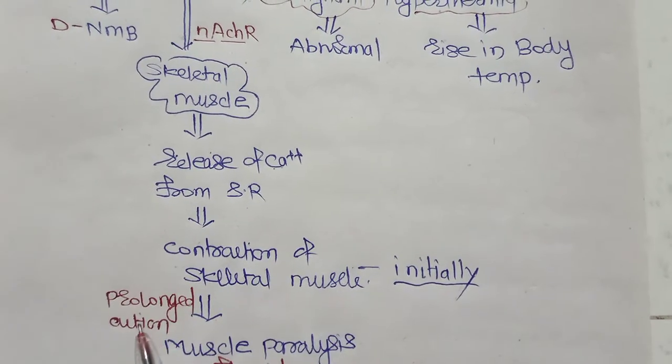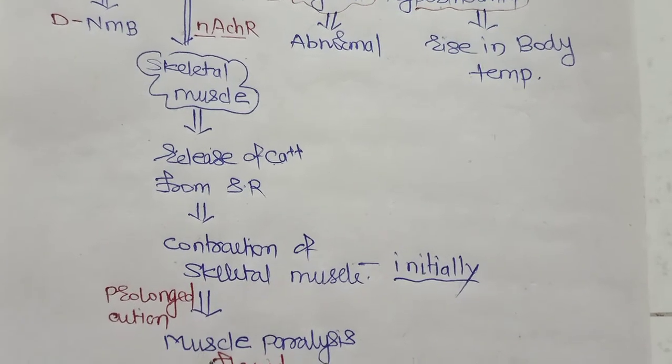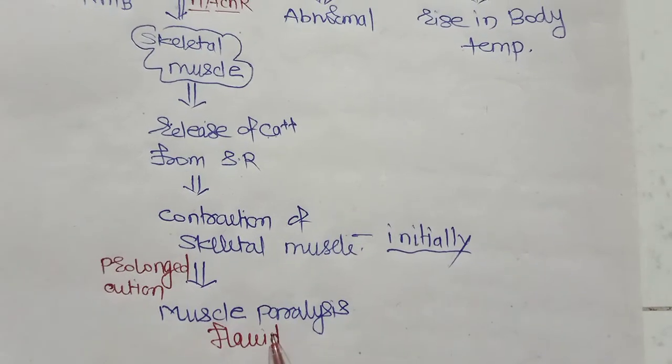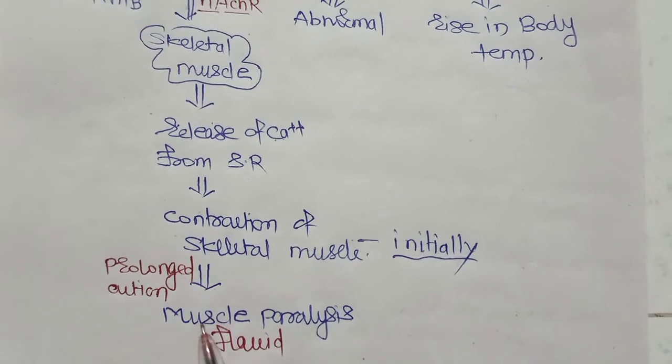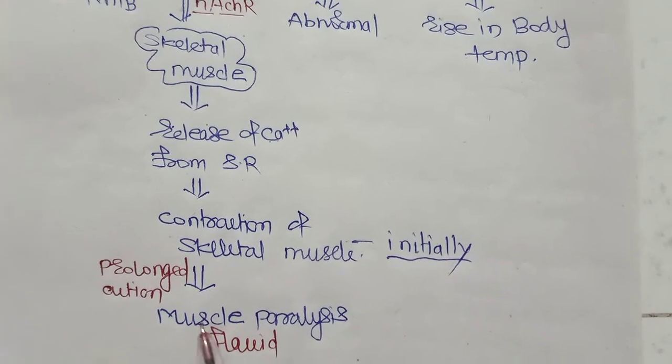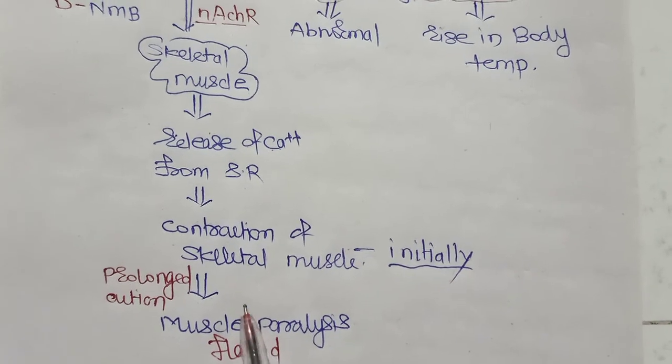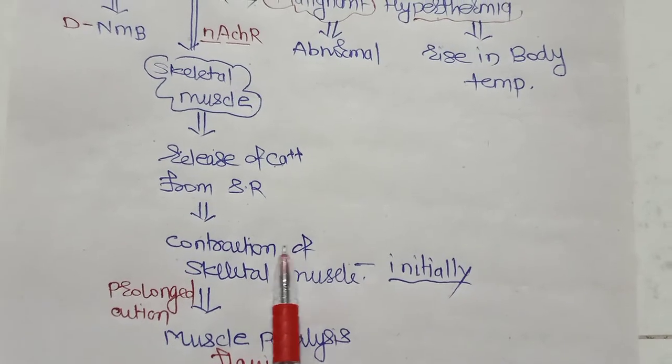After that, because of its prolonged action, it may lead to flaccid muscle paralysis. Now we'll see in detail how it causes malignant hyperthermia.